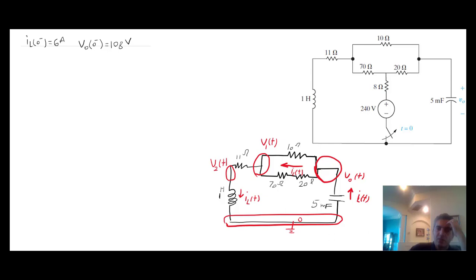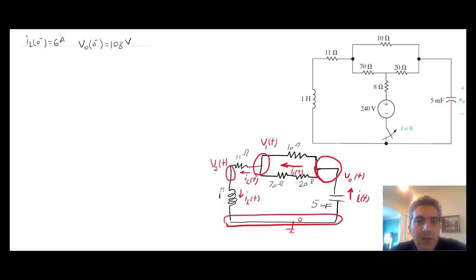I can actually go one step ahead and say that this is also part of that equivalent resistance and redraw this circuit so that we only deal with one capacitor, one resistor, and one inductor, because I don't care about that voltage either, right? So with that in mind, you can keep this circuit the way that I have it right now, but it's easier if you just deal with all of this as one resistance.